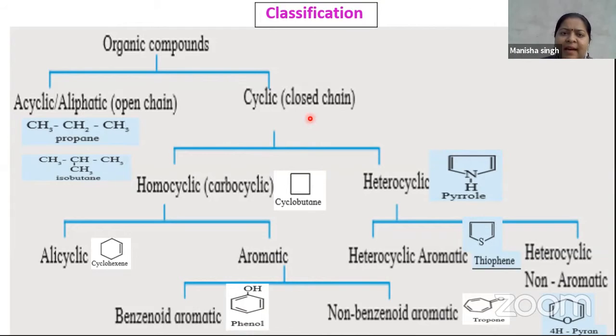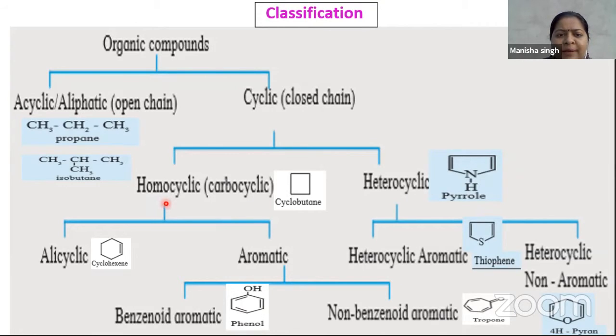Carbons are arranged in such a way that they form a cycle or a closed chain. In this, again, the classification is done on the various types of structure available. It is divided into homocyclic or carbocyclic, and heterocyclic. First we will see what homocyclic is.